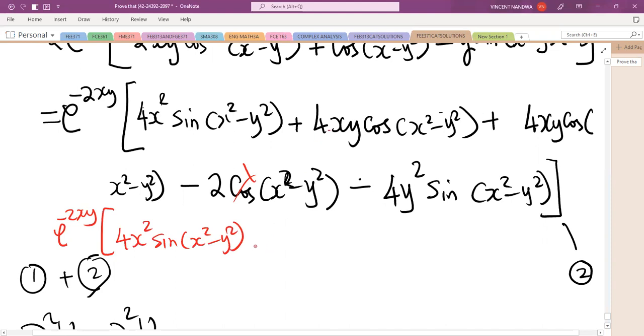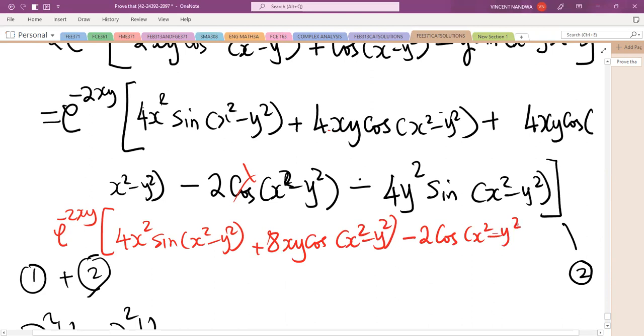This plus this will be 8 of them, now positive 8xy cos of x squared minus y squared. And then minus 2 cos of x squared minus y squared, and then minus 4y squared sine of x squared minus y squared.